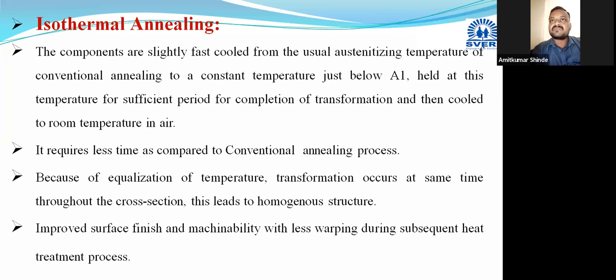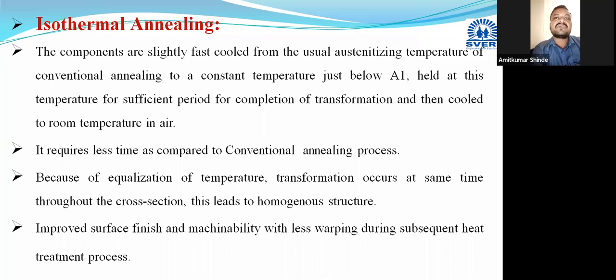When we reach just below A1, at that temperature we hold the sample for a definite, sufficient period of time, and after that we cool it in the air medium up to room temperature. As we use the air medium and some rapid cooling is done, it takes less time as compared to the conventional annealing process.